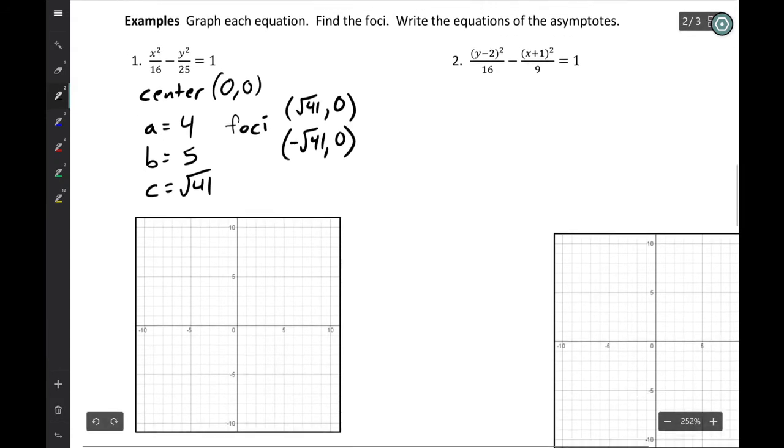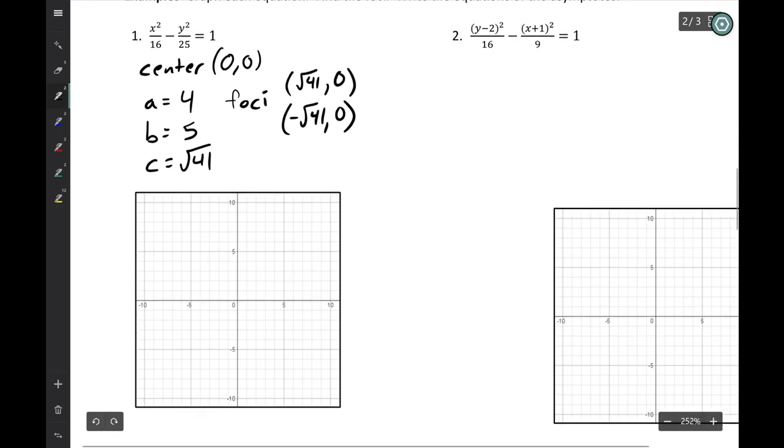Okay, and then graphing these is a little bit tricky. Plot your center, and then we're going to draw that box. Remember it's horizontal, so a is my left-right distance. So I'm going to go over 4 this way, over 4 this way, and then I'm going to go up 5 because that's my b distance. And this gives me this box right here.